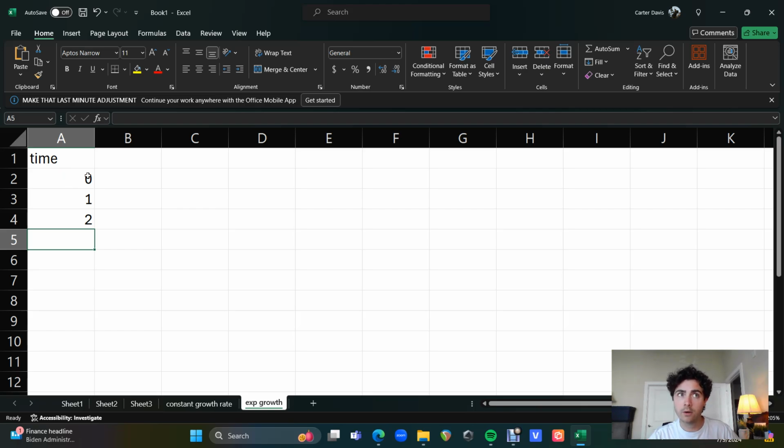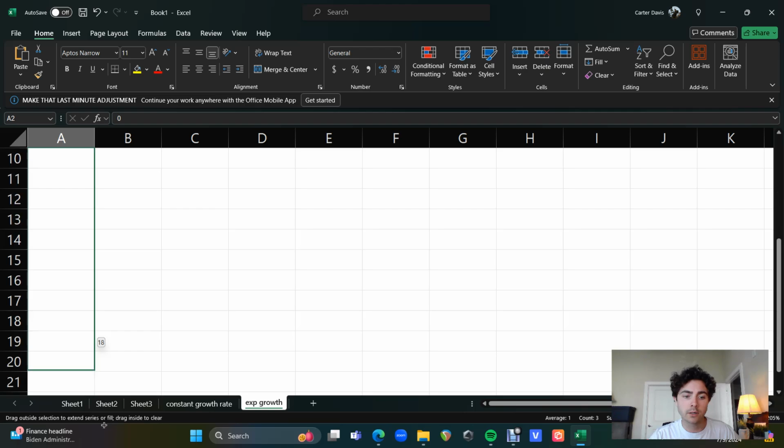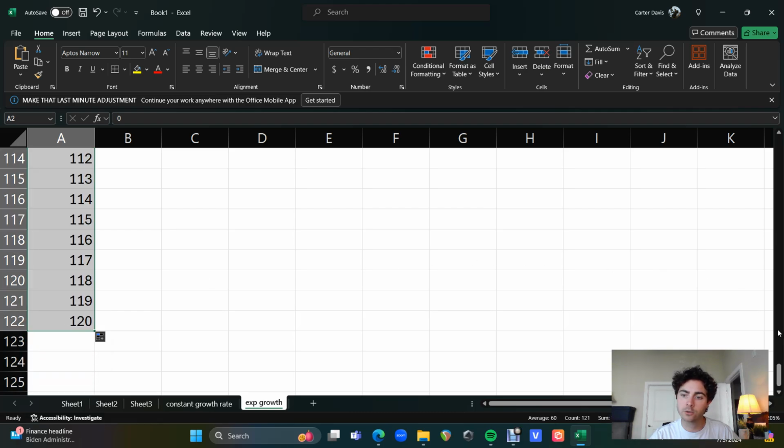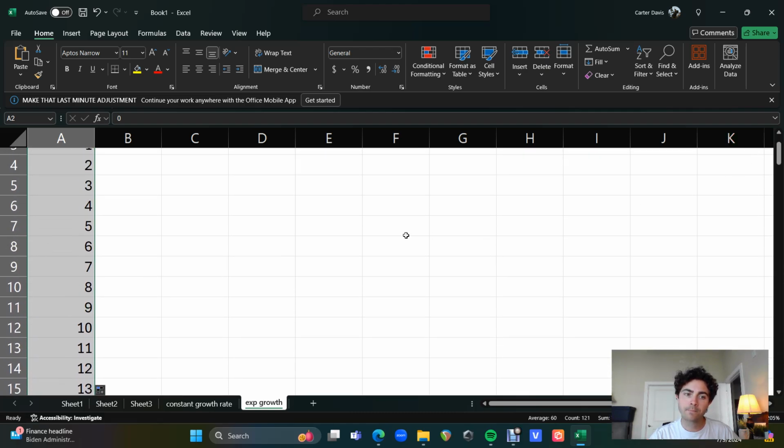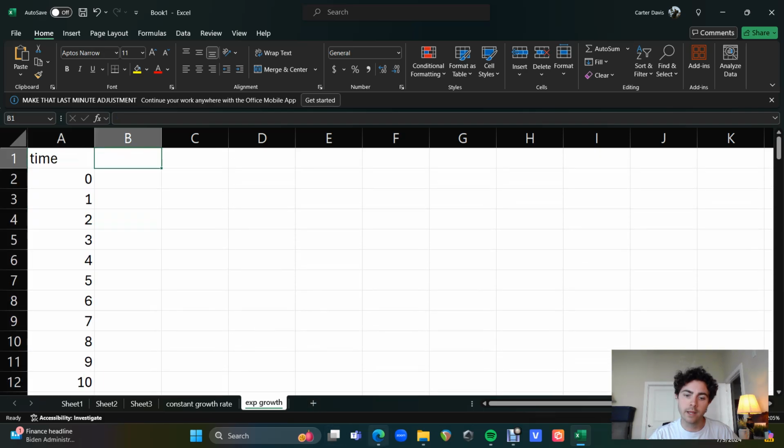So 24 hours in a day, 5 days, 5 times 24, it's 120. So we're going to go all the way to 120, highlighting those 3 cells and dragging down until we get 120. So we have all the time there.